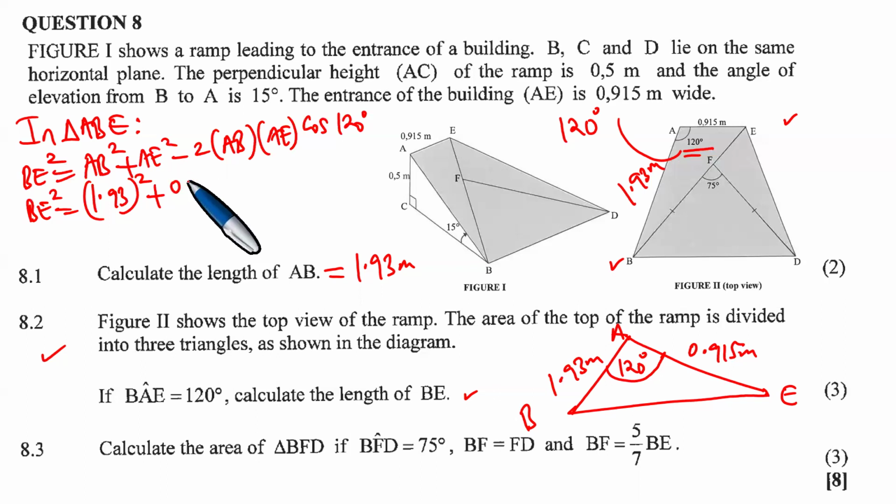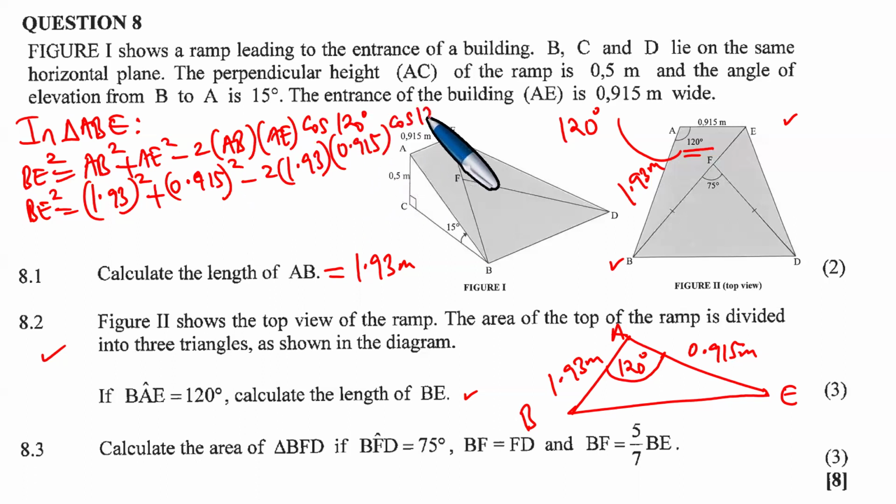AE is 0.915. Minus 2, AB is 1.93, AE is 0.915, cosine 120 degrees, meaning BE squared equals what?